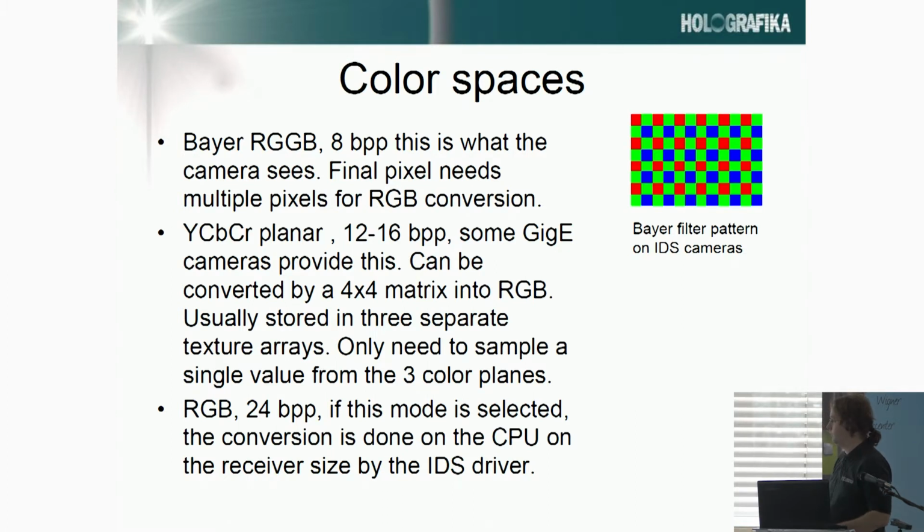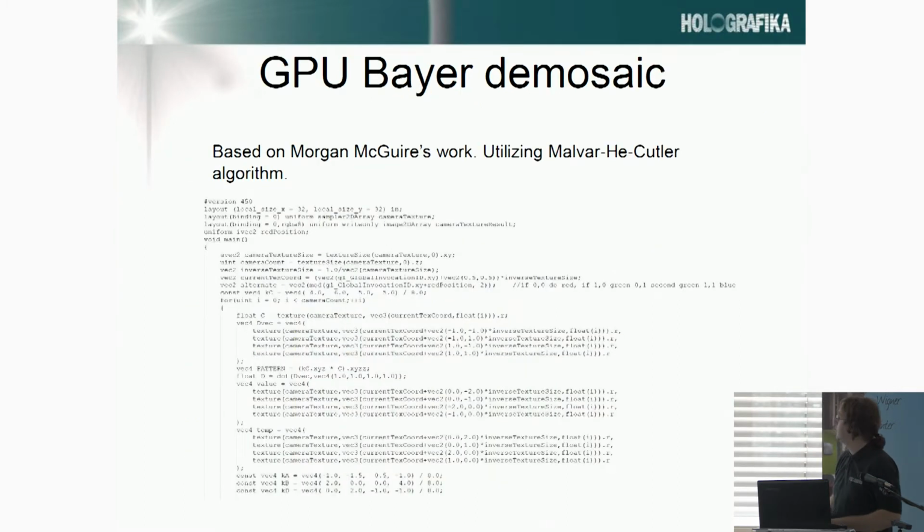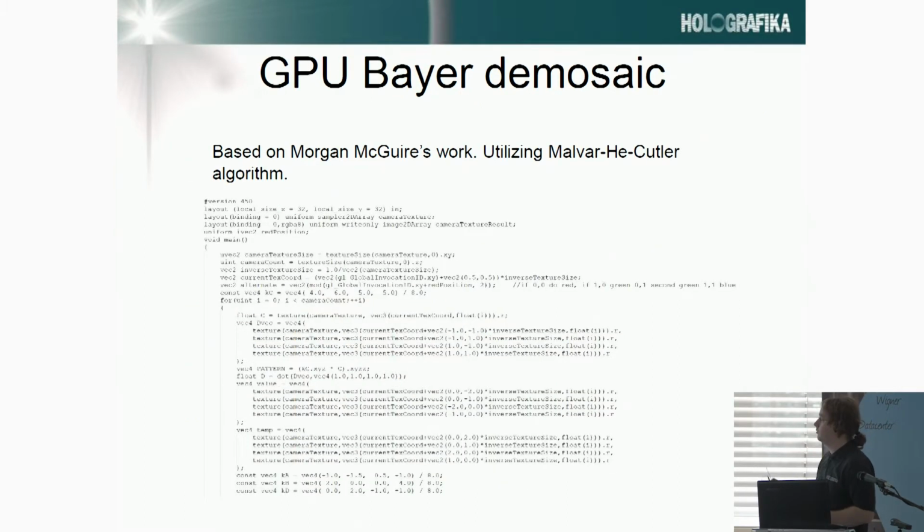Of course, you can also retrieve RGB, which is 24 bits per pixel, but we try to avoid this because it generates CPU load. It's not really nice. So we can also do GPU Bayer demosaicing, which I will not talk too much about. Instead of letting the driver do Bayer to RGB conversion on the CPU, we port the Bayer demosaicing to the GPU, and we do it only when necessary.